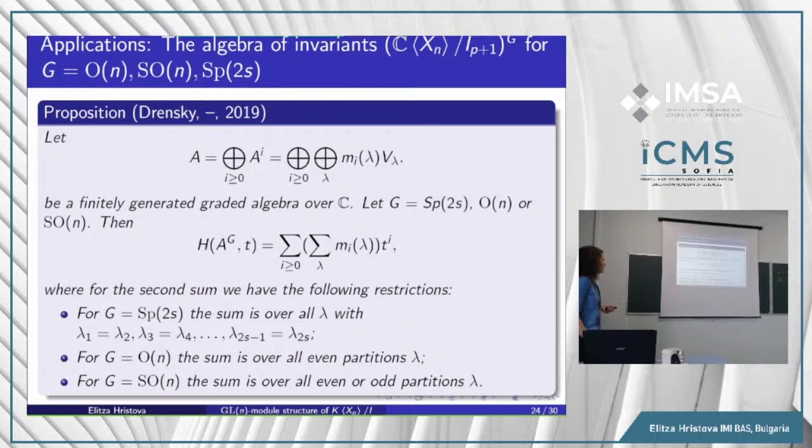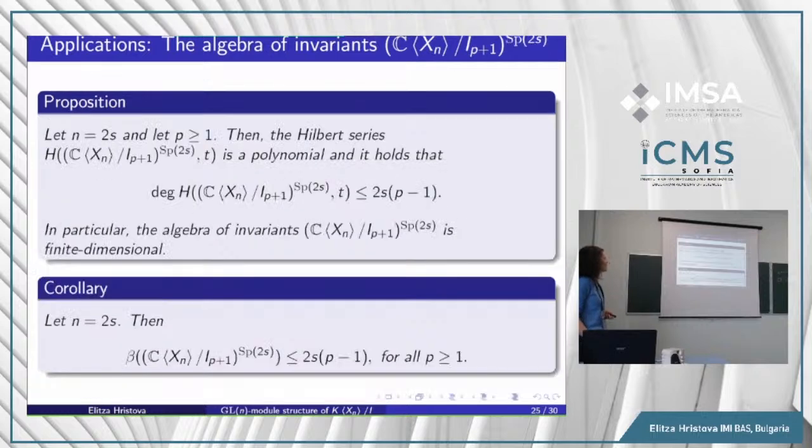It is a classical theorem that says, for a GLN module V lambda, what is the dimension of the subspace of SP invariants, for example, inside. This classical theorem says that V lambda has a one-dimensional SP invariant subspace if and only if this condition on lambda holds. And that is why this condition appears here. And this theorem is over C, so that's why we restrict ourselves to C. So from the next slides, we'll consider only algebras over C.